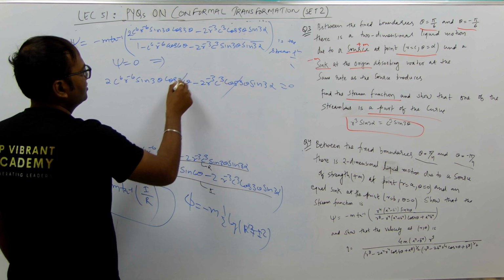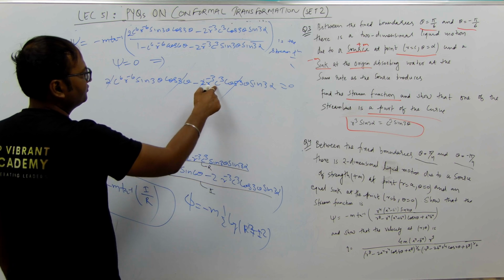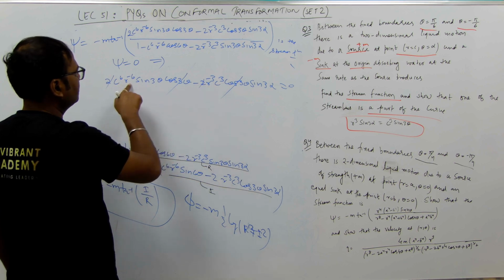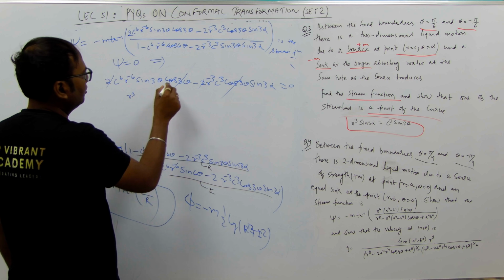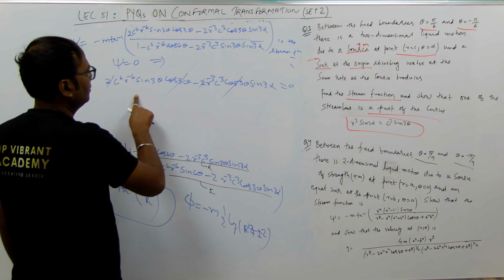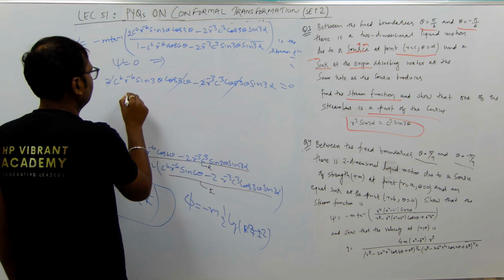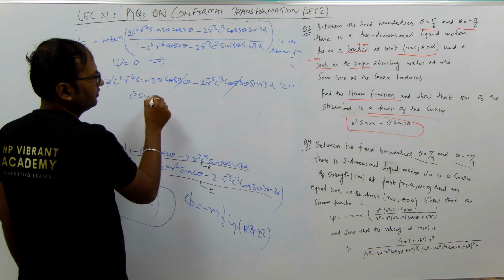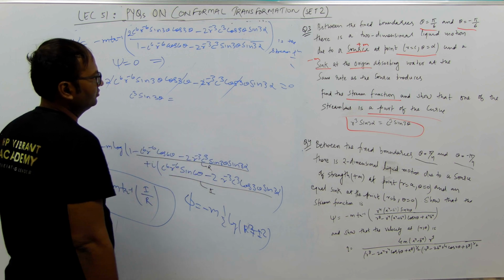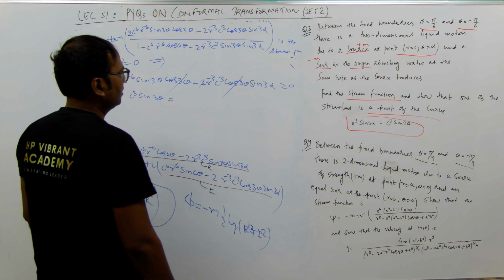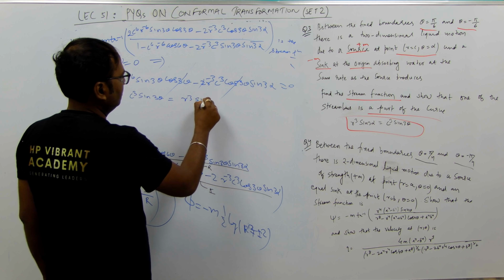So cos 3 theta gets cancelled, and 2 and 2 get cancelled. We have r^-6 and r^-3. Dividing by c^3, we have c^3 sin 3 theta is equal to, taking this to the RHS, r^3 sin 3 alpha.